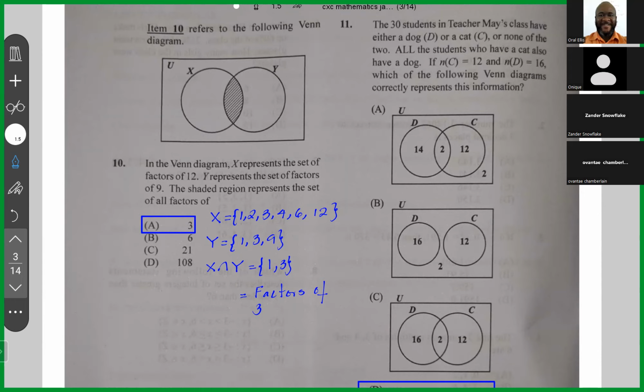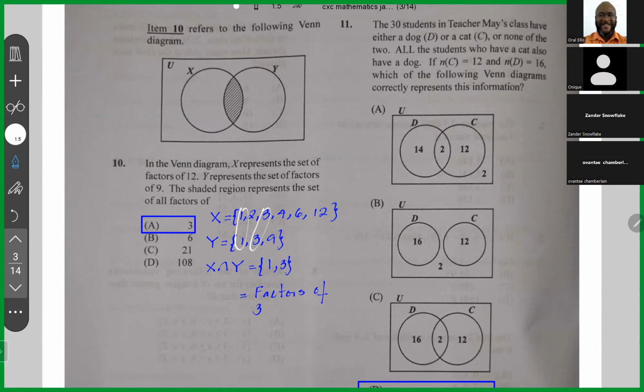Now, the shaded region is the set of all elements which are common to both X and Y. The shaded region is X intersect Y, and X intersect Y is a set of elements which are common to both X and Y. So those elements are 1. 1 is in both of them. The next element that is common to both X and Y is 3.